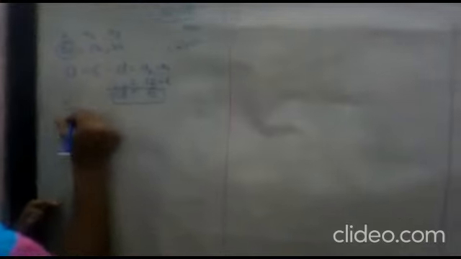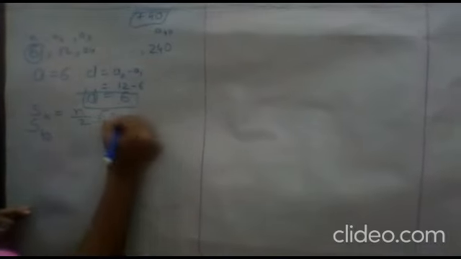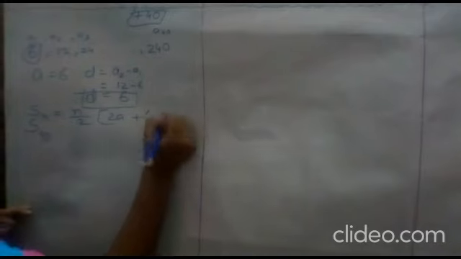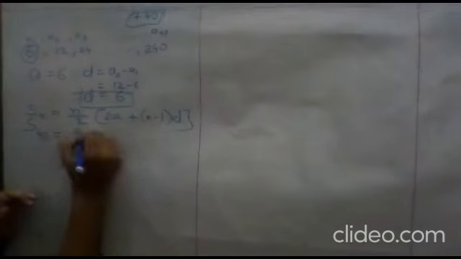And we have to find the sum of 40 positive integers, that means S40. So what is our Sn? We know the formula of Sn: n by 2 into 2a plus n minus 1 into d. Okay, so in place of n we can write 40.